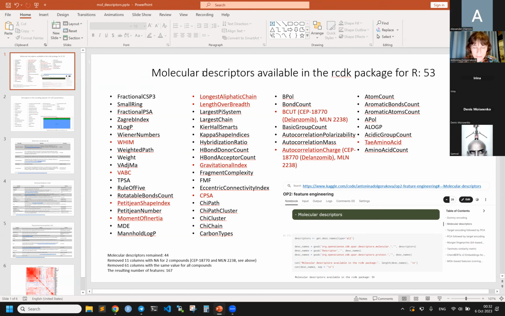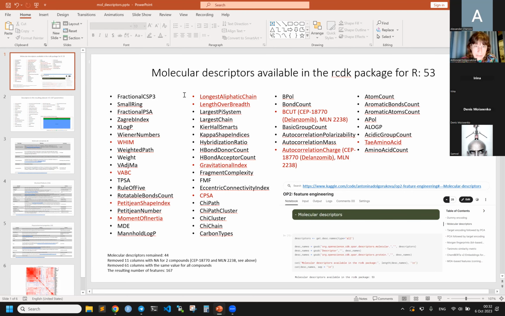The first one is target encoding, which is grouping of drugs by their effect on cells. And you can also group drugs by their chemical structure, which is what molecular descriptors do.